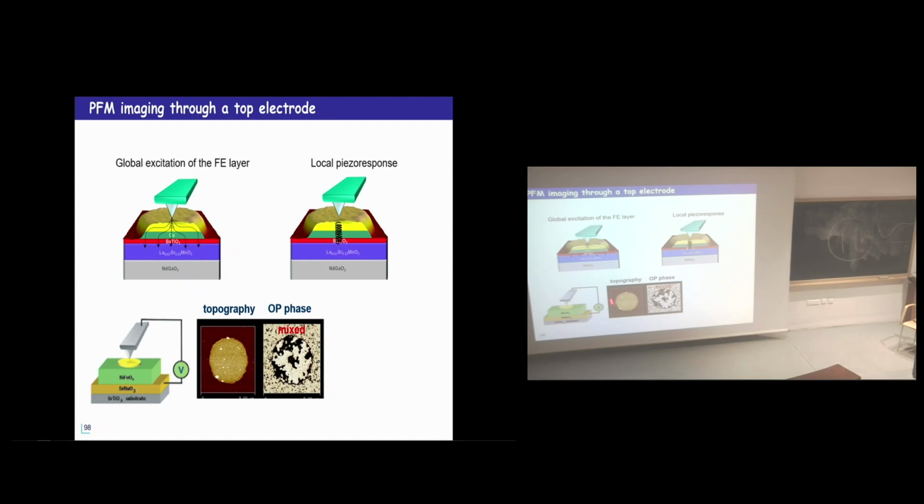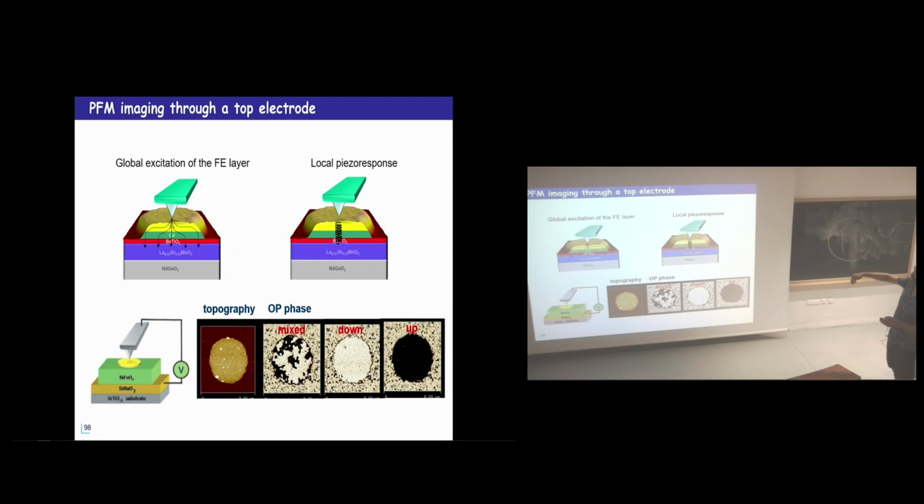So this is a pad deposited on a tunneling, not tunneling barrier, in this case it's a thick BFO. You can see here the mixed state has grown, at least after lithography. And if you apply a voltage, you can reverse down or up. And by using pulses, you can even come back.